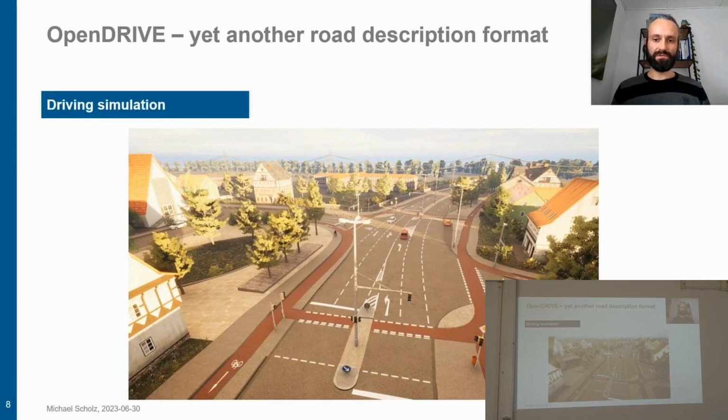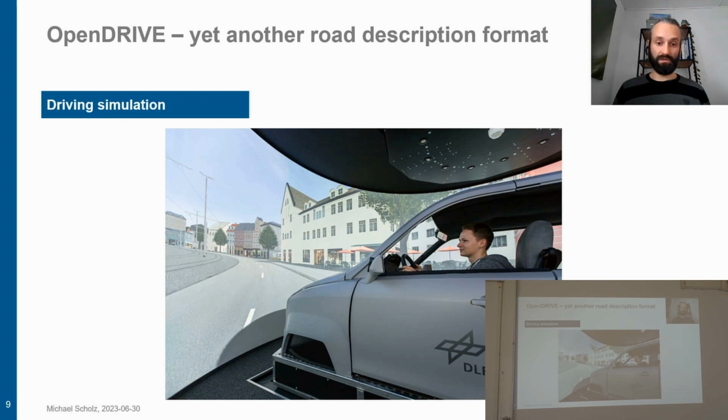As I mentioned before, this OpenDRIVE road description format comes from the automotive engineering domain, where it initially was used for driving simulations, where you require a highly detailed model of the road with all the information needed for querying in the simulation. And also it's used for generation of virtual environments and 3D models, which are then used in the driving simulator.